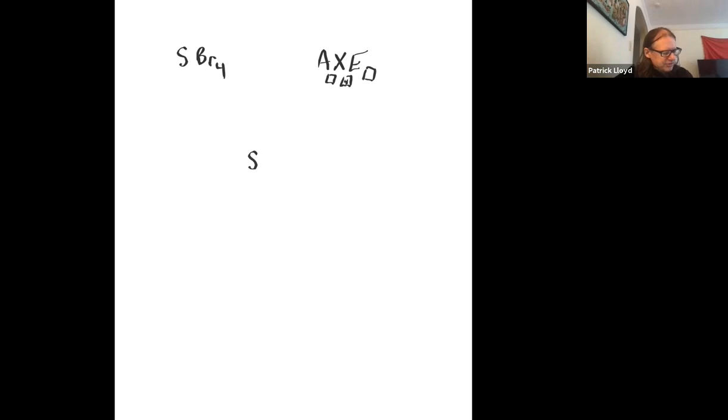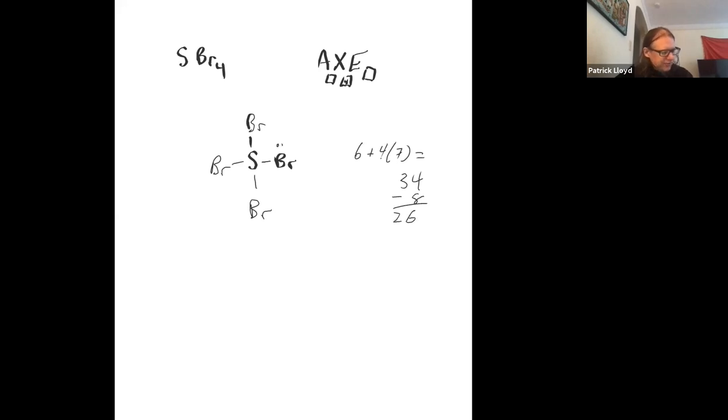So you've got to draw the Lewis structure, right? That's how you find the lone pairs. Okay, sulfur has 6 valence electrons. Bromine has 7. So that's 28 plus 6, which is 34. And then we've used 8, so that's 26.